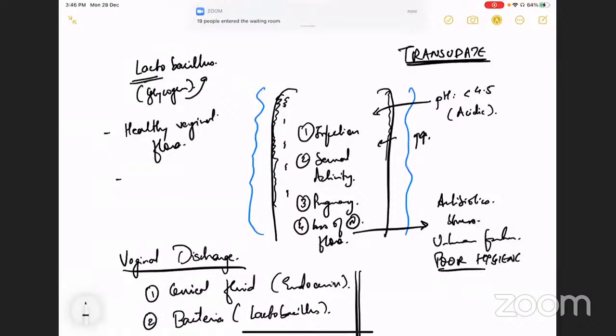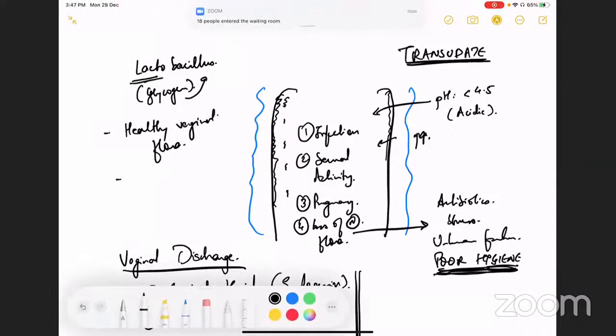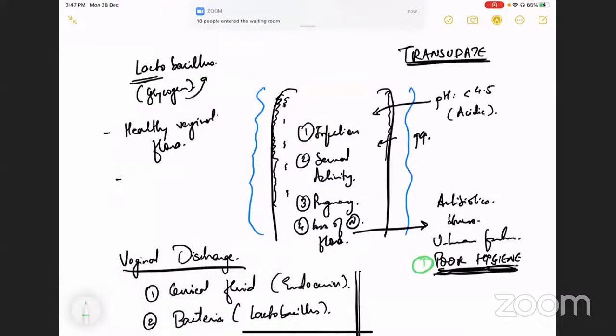So the most important thing in our country, actually, is going to be poor hygiene. The second most important factor which causes increased vaginal discharge in our country, let me put that in green color for all of you. So the number one factor is going to be poor hygiene. The number two factor is going to be pregnancy. Number three factor is going to be infection.